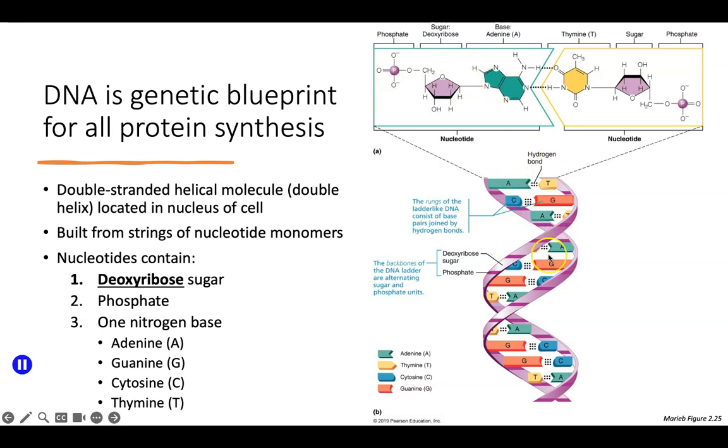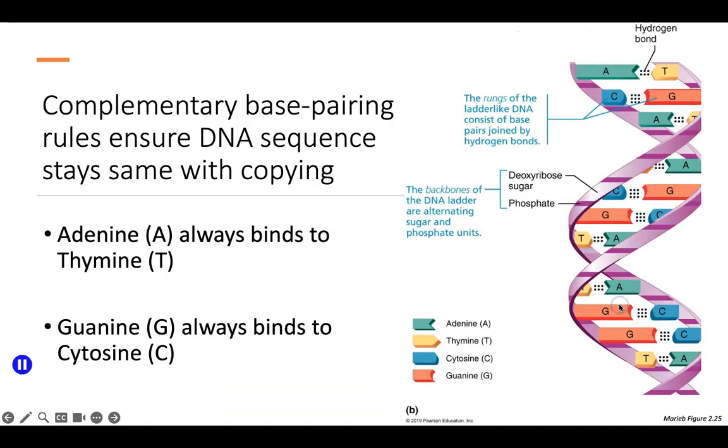So all nucleotides will have those three parts. And you can see that they line up. And when you are looking at this chain, you'll see, once again, I'll mention one of four nitrogen bases. So A, G, C, or T. You'll also be able to see another pattern as you look down this particular example. So whenever you see an A on one strand, you'll always find it paired with a T on the other strand.